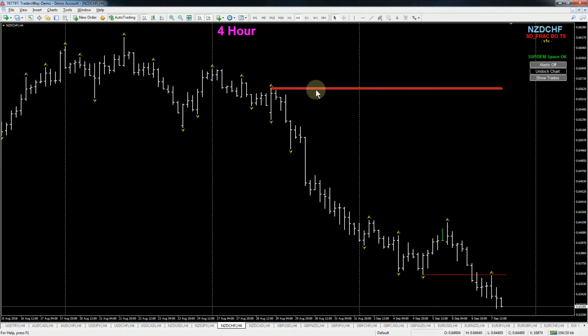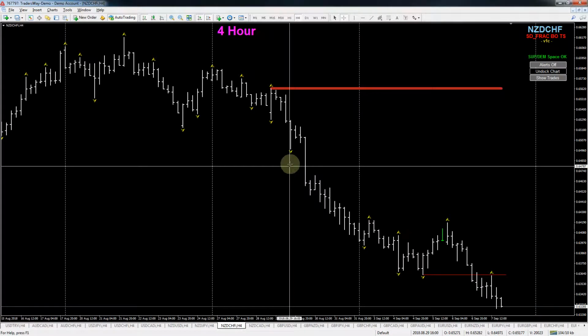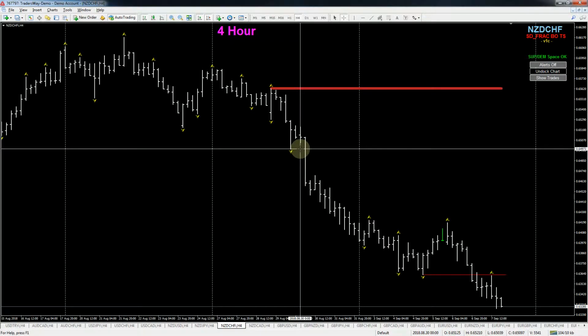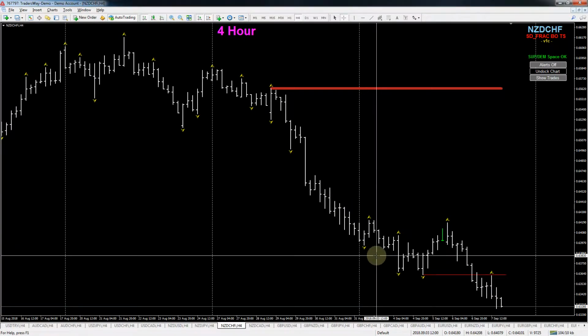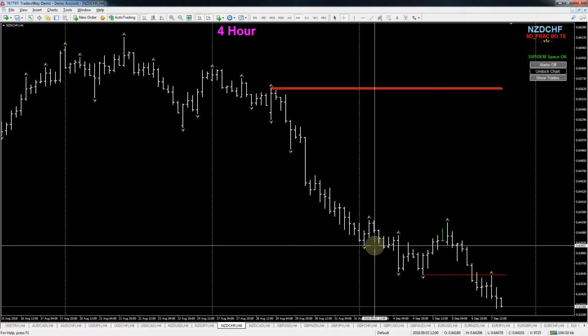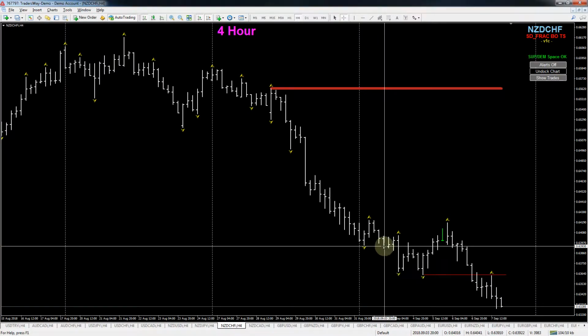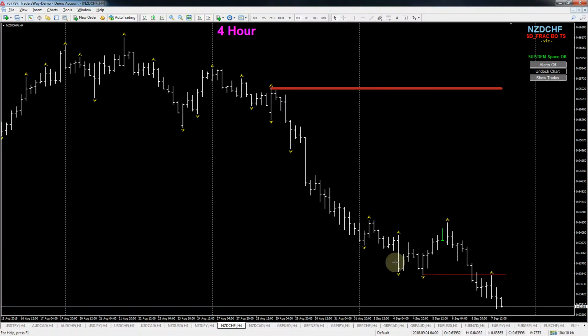Okay, still signaling short. Here's another down fractal. We would have got in here for another 12 pips, easy. So that's 24 pips so far. Go down here, we got another down, got in over here for another 12. So we're up to 36.